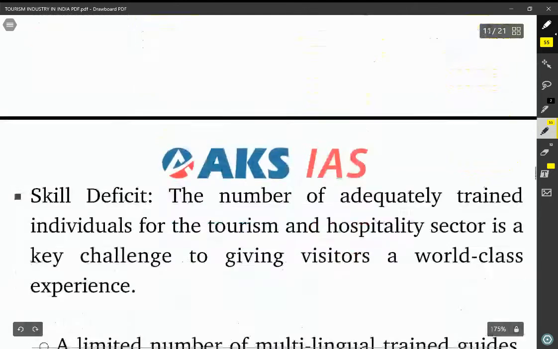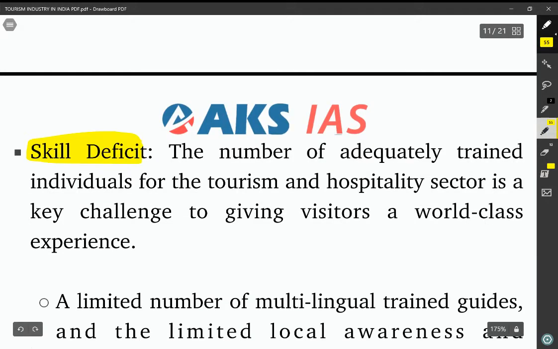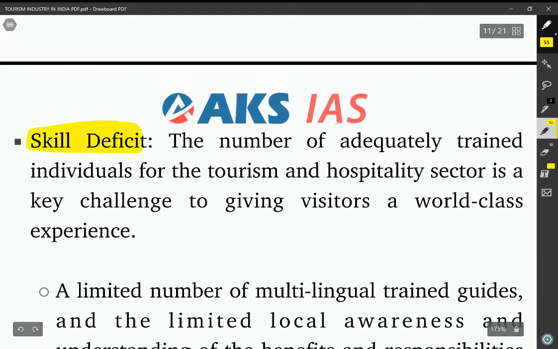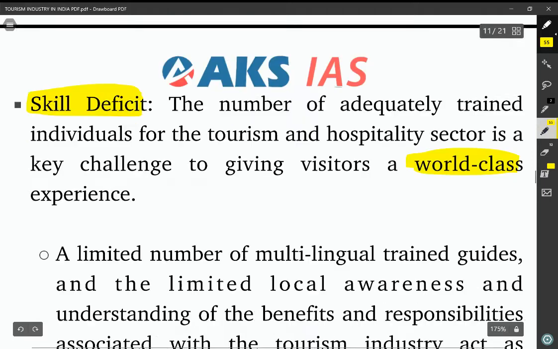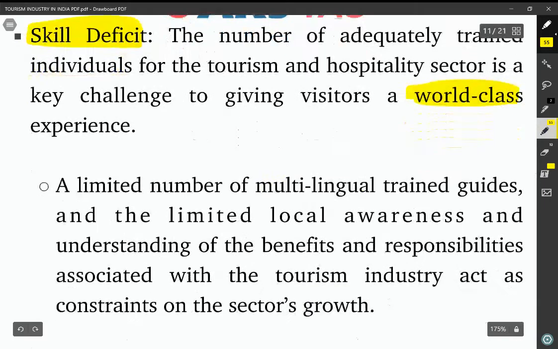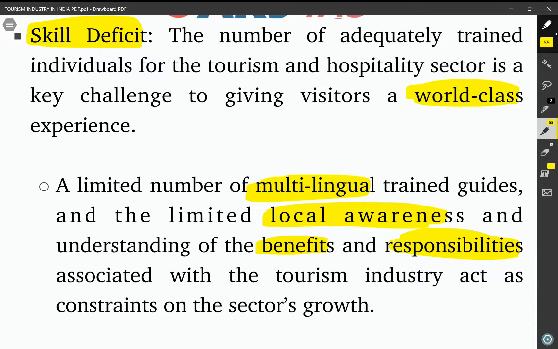The next important point, which is plaguing India's tourism sector, is the skill deficit. This is one of the most important points. The number of adequately trained individuals for the tourism and hospitality sector is a key challenge to giving visitors a world-class experience, because a limited number of multilingual trained guides and limited local awareness and understanding of the benefits and responsibilities associated with the tourism industry act as constraints on the sector's growth.